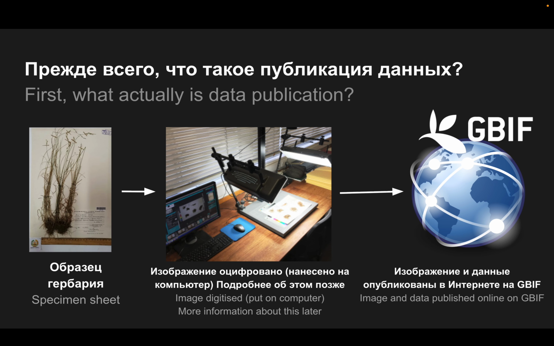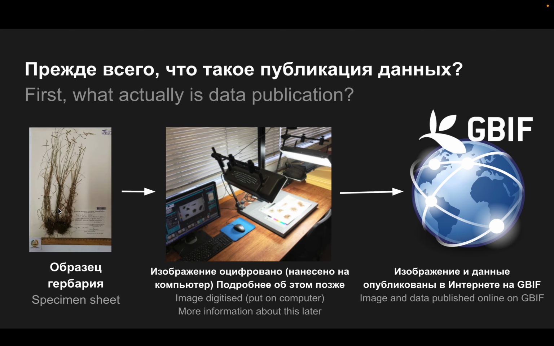So first, I'd like to explain exactly what I mean by data publication. This is one example of data publication. Say you work in a herbarium and you have herbarium specimen sheets like the one on the left.